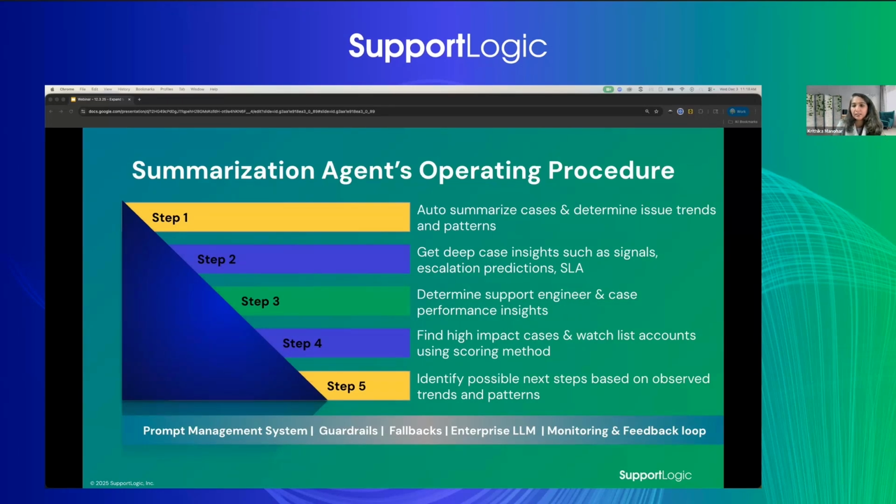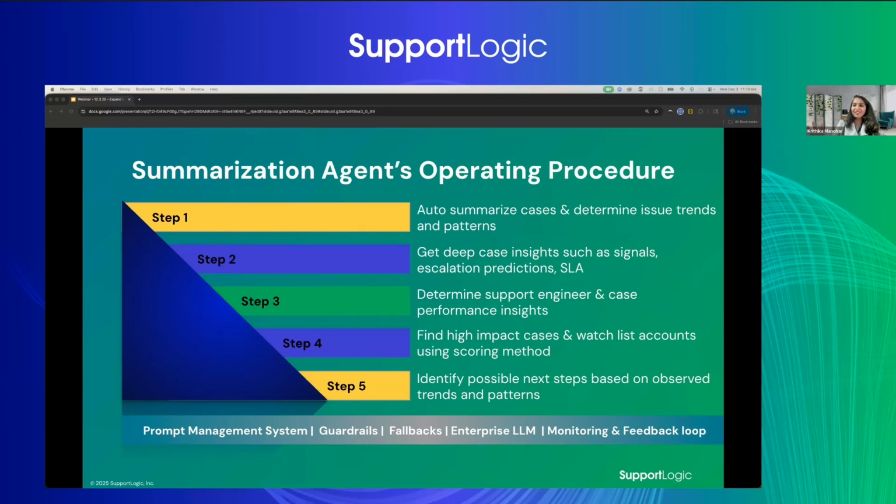We'll go through that in a little bit more detail during the demo. And once I have done all of the analysis, what the summarization agent then does is it surfaces the possible next steps for you. And this is purely, I would say, very contextual, depending upon the patterns and trends that have been observed.